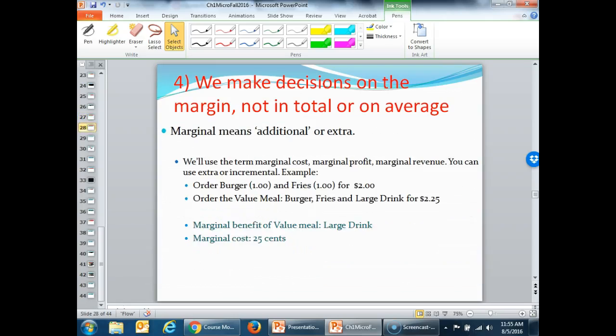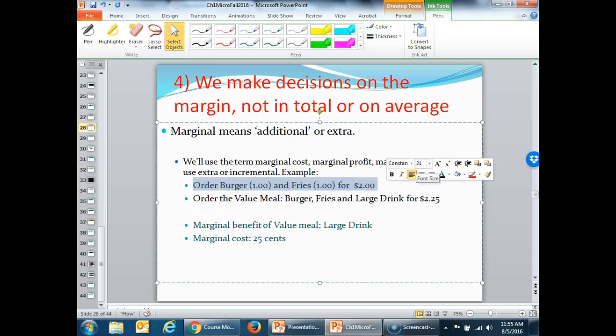Let's do an example here. Let's just say our choice is, we're definitely hungry, okay? We walk into this restaurant, we are famished. So we're going to order a burger and fries. It's going to set us back $2. Well, the alternative is I could order a value meal, which is burger, fries, and a large drink.